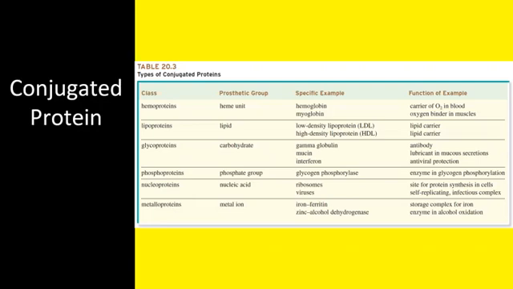Another example is metalloproteins. The prosthetic group is the metal ion, and its function is to store iron. We term that one ferritin, the storage form of our iron. And the rest of the examples are on the screen.